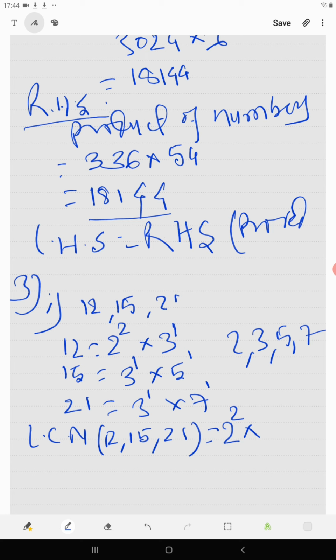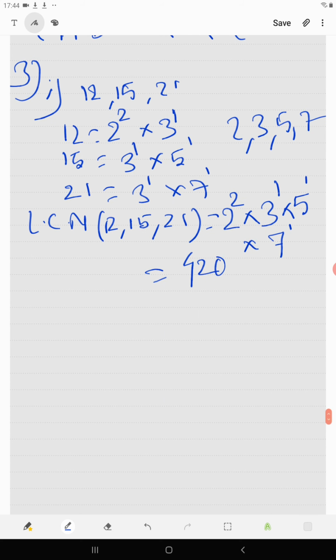What is the highest power of 3? That is 3 to the power 1. What is the highest power for 5? 5 to the power 1. What is the highest power for 7? 7 to the power 1. So 2 square is 4, 4 3 is 12, 12 5 is 60, 6 7 is 42, so 67 is 420.